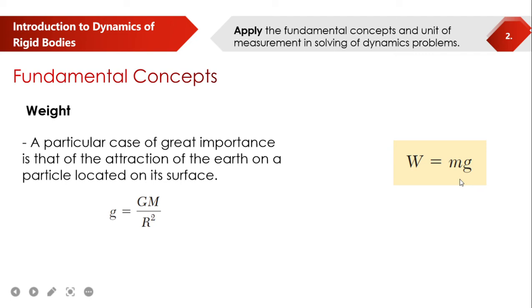It is calculated in SI units as 9.81 meters per second squared. That's your acceleration due to gravity. Take note, it is acceleration, so it must be meters per second squared. In US customary units, it is 32.2 feet per second squared, if I'm not mistaken.